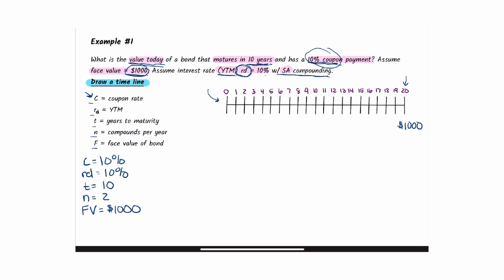And to do that, you actually will use the present value function in Excel to calculate that. Okay, so remember, for present value, we need a couple of pieces of information to plug in.